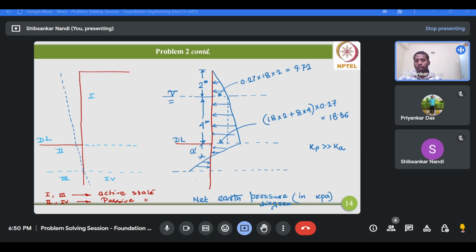In region 3 you have the active condition, so it's the reverse case here, and for region 4 you have the passive condition. Again, since Kp is much higher than Ka, the net distribution will shift from which side to which side? Now it will shift from the left side of the wall to the right side of the wall. So again you will get a point of zero pressure.